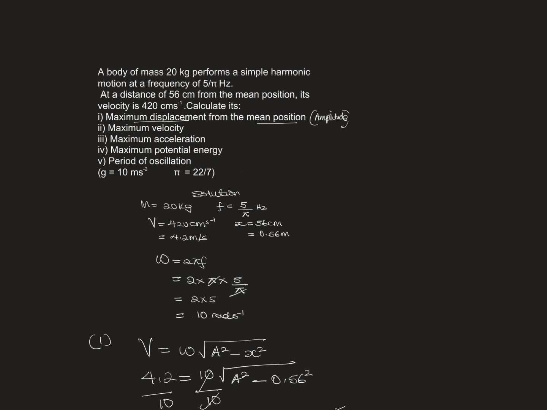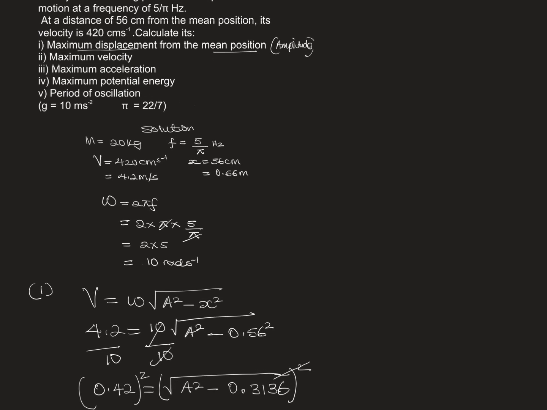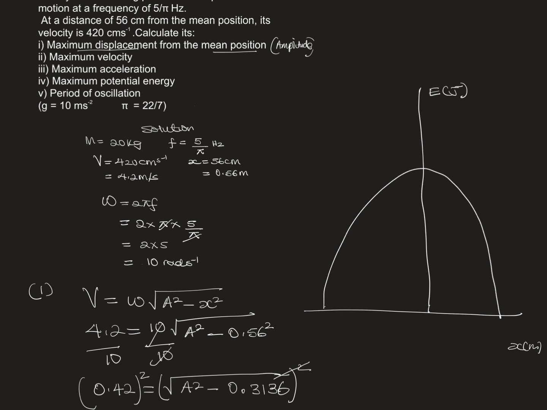Question 2 asks us to calculate the maximum velocity. So where is the maximum velocity attained? If you watch our previous video, we said that if you have a displacement and energy graph, energy is measured in joules, we have the kinetic energy like this, and we have the potential energy curve like this.